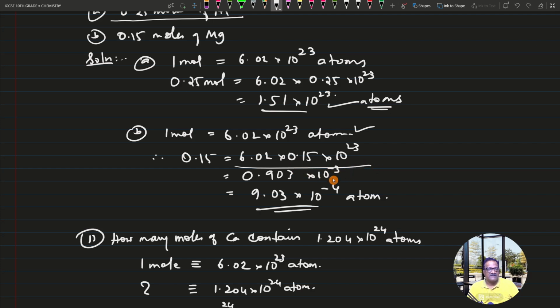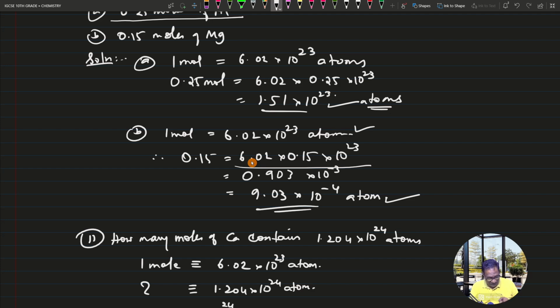Sorry, this will work out to 0.903 into 10 raised to minus 3. And this will again work out to 9.03 into 10 raised to minus 4. Now I'm not very sure about this. Let me check it. 6.02 into 10 raised to 23 into 0.15.